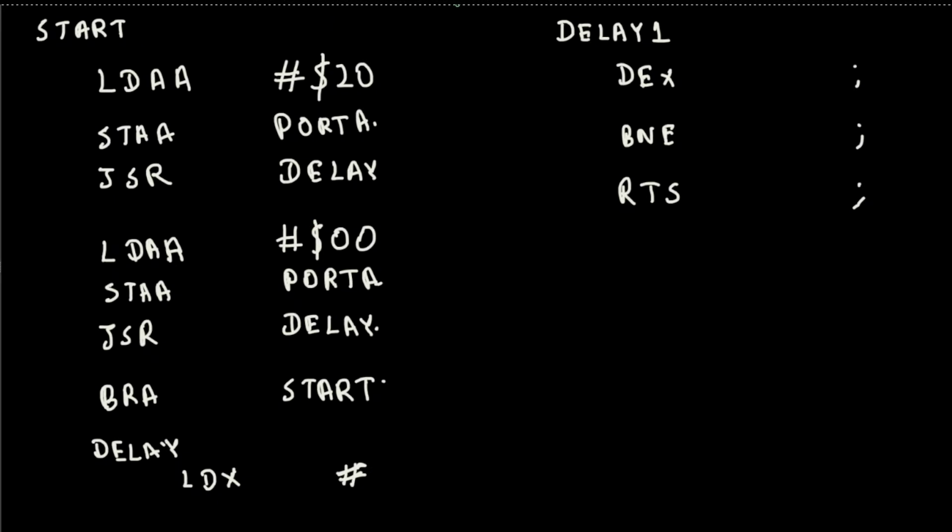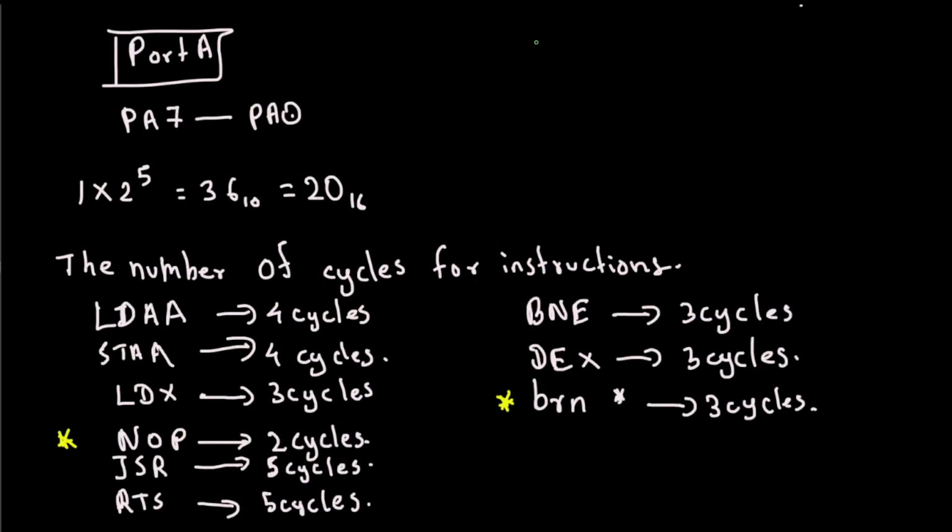Okay, so let's look at the cycles each of them is taking. As we have seen here, LDAA takes 4, STAA takes 4, JSR takes 5 cycles, and the ones related to subroutines, JSR and RTS, take 5 cycles.